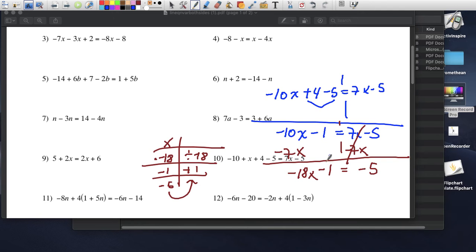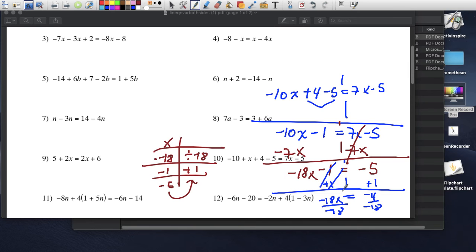So let's follow the instructions. We're going to do plus 1 on each side. So on this side I get negative 4, these negative 1 and plus 1 go away, and negative 18x comes down. And we're going to divide by negative 18.